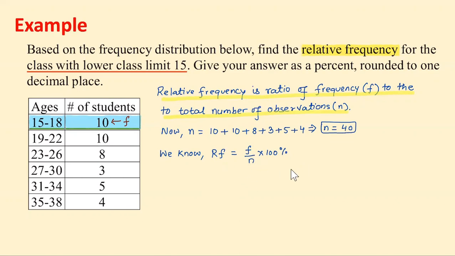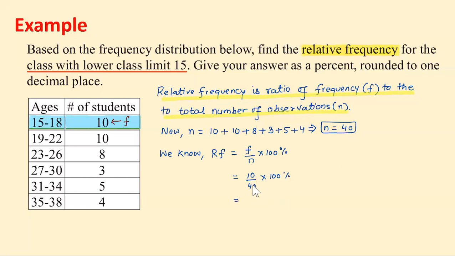Now all we need to do is plug in the values and simplify. Frequency for that class is 10. The total number of observations n is 40. That's what we obtain here, multiplied by 100, and the result will be in percentage.